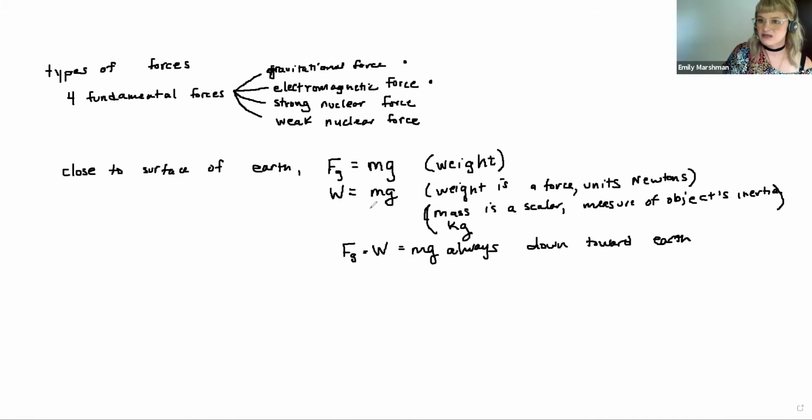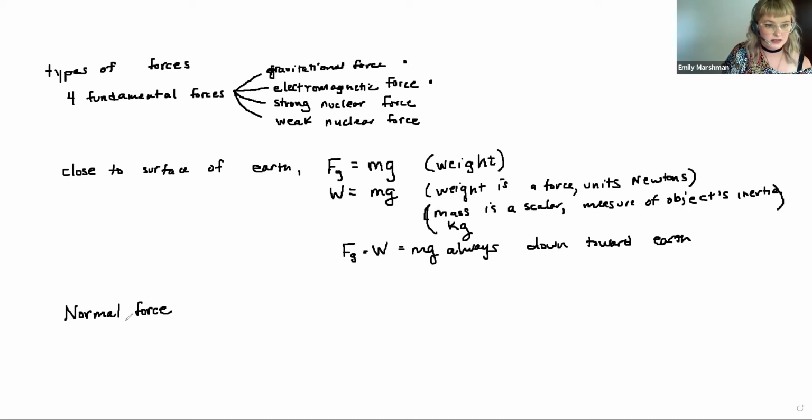So that's one type of force that we will talk about a lot in this chapter. Another force, so this is the result of the fundamental gravitational force. Okay. Another common force that we will talk about in this chapter is called the normal force.